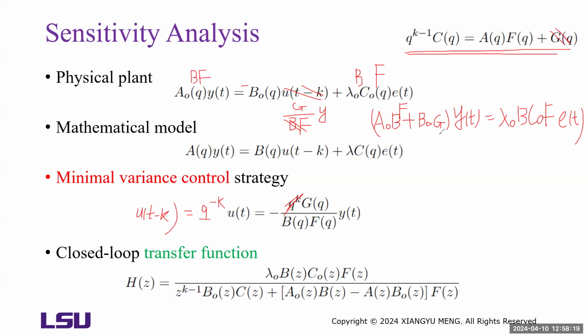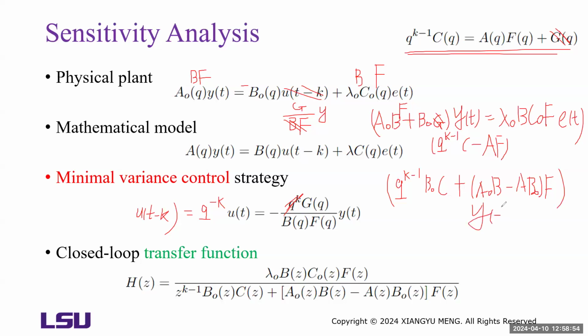Then G will be Q K minus 1 C minus A F. Therefore we have Q K minus 1 B naught C plus A naught B minus A B naught times F, this is y(t), equal to lambda B C naught F e(t).